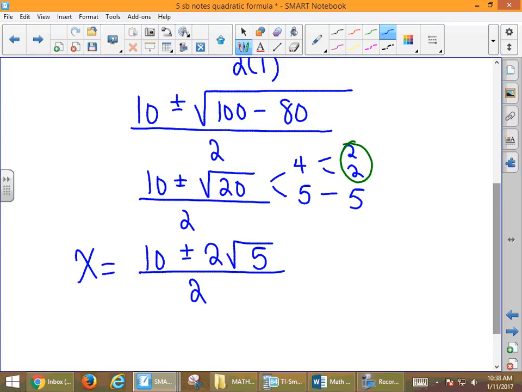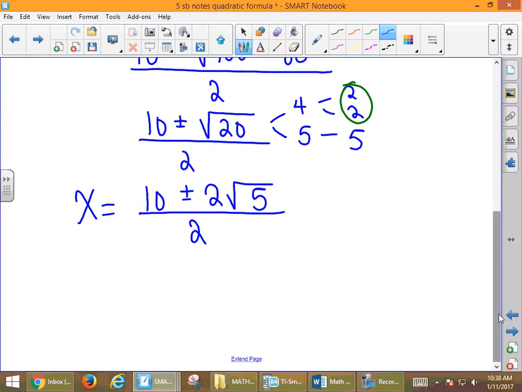The question becomes, can we simplify that more? Any nods of your head? Nothing? Not only are we going to divide the 2 into 10, but 10 is divisible by 2, the 2 is divisible by 2, and this 2 is divisible by 2.